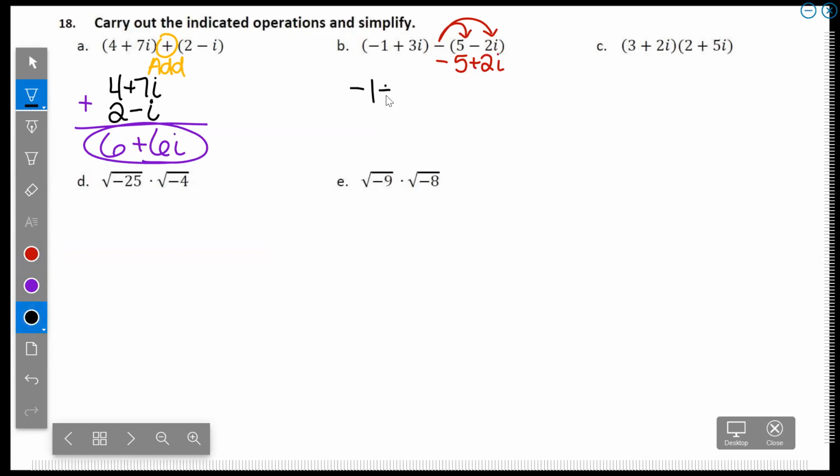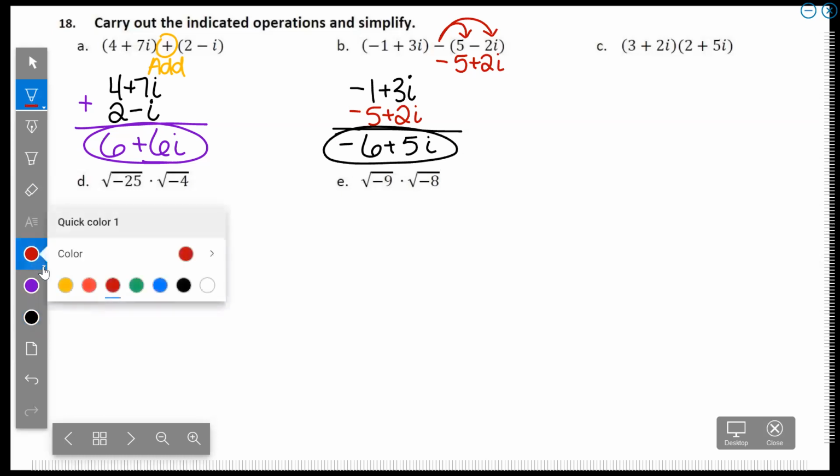So I have negative 1 plus 3i. I have negative 5 plus 2i. I line them up with like terms underneath each other and combine. Negative 1 and negative 5, what do I get when I combine those? Negative 6 plus 5i, you're absolutely correct.